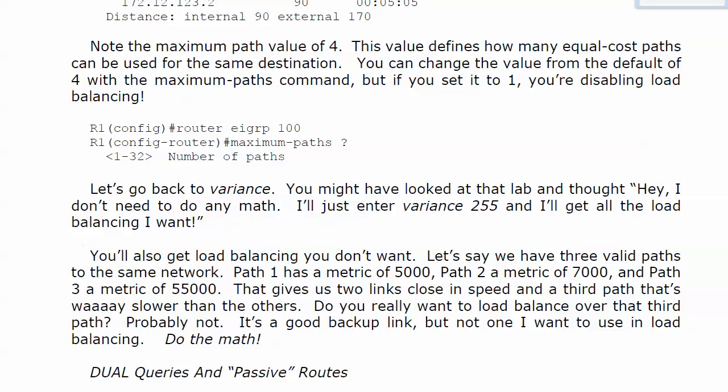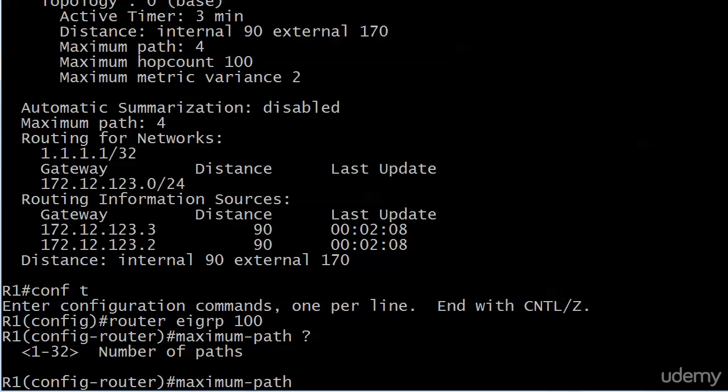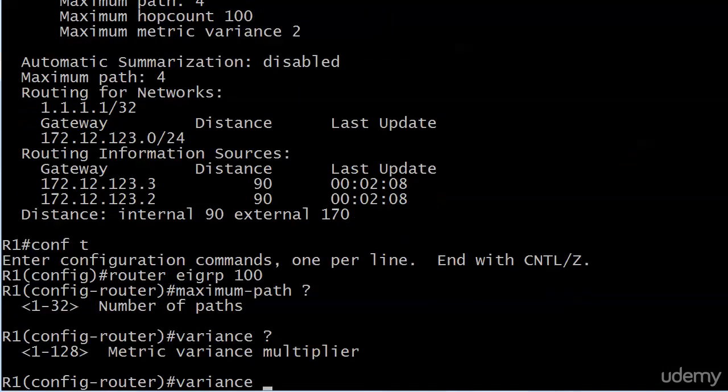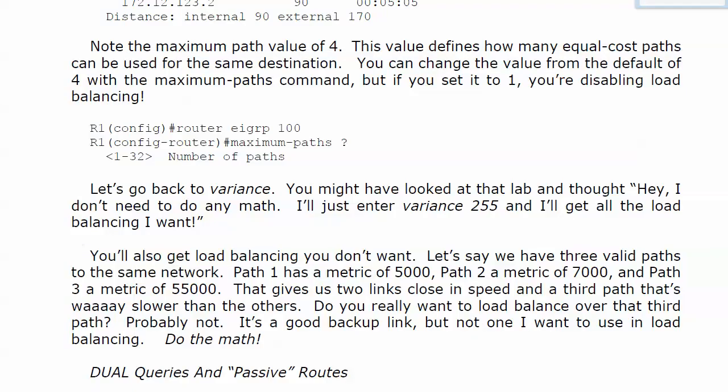I'll just put variance 255 in there, or variance 128, which I believe was the maximum here. Now, let's take a look at that. Let's just say you went variance 128. No problem at all. Well, the problem is, as you've probably guessed from seeing the little change to router 3's loopback, that you'll get the paths that you want, but you might get paths that you don't want.